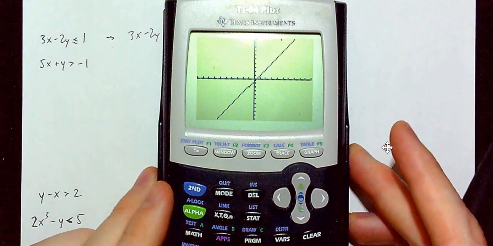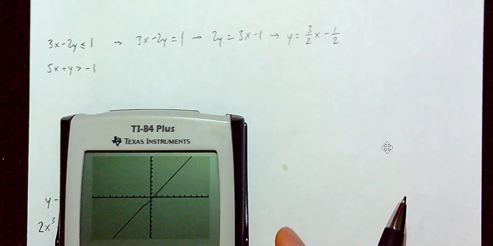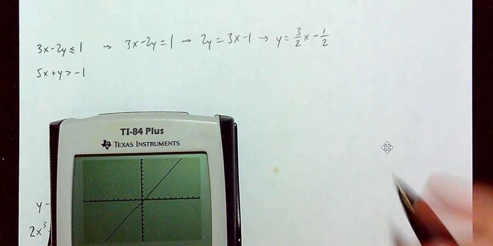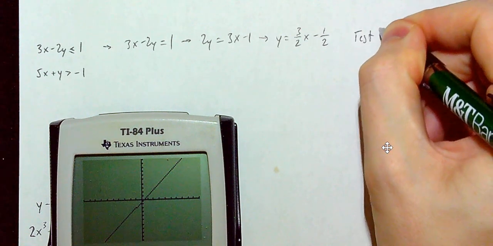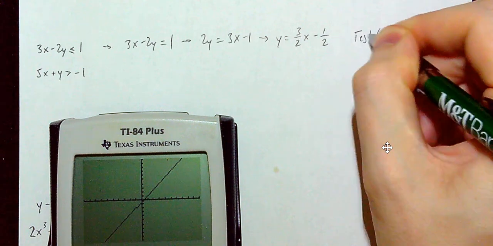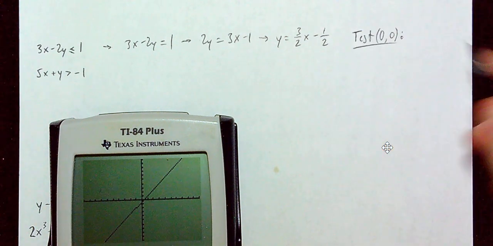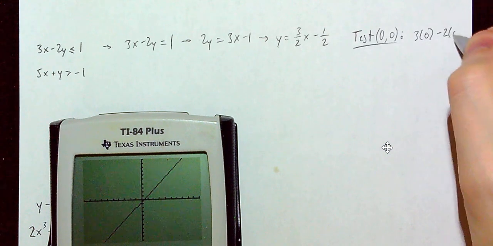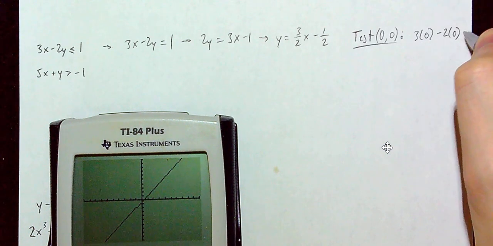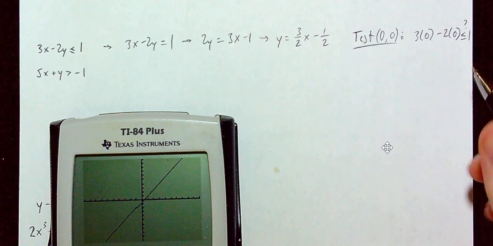So if I take the point 0, 0, plug it in here, and let's see what I get. 3 times 0 minus 2 times 0. Is this less than or equal to 1?